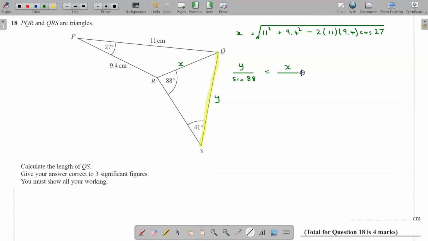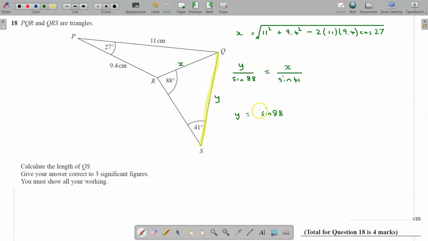That's how the sine rule works. So if we rearrange that to get y equals, we just have to multiply both sides by sine 88. So I can say that y equals sine 88 times x.